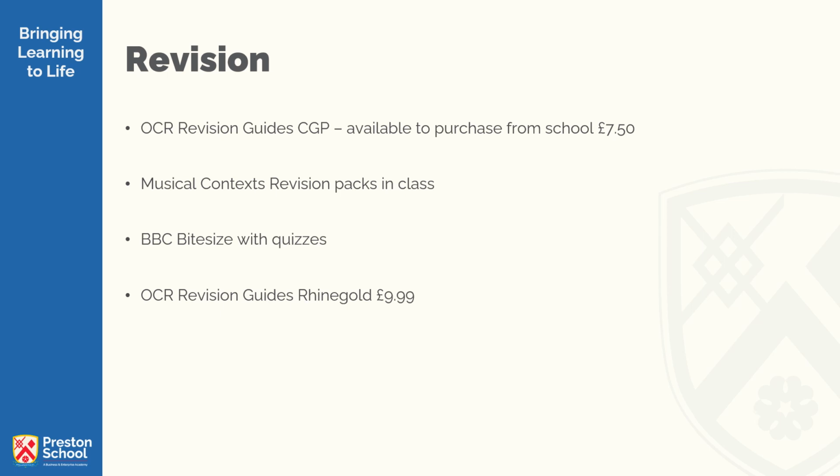They've got a purple cover and they have a disc with them. If you have one of the newer versions, it has an access code to all of the sound bites that are needed for the listening questions. That's a really good revision guide. It's got some listening questions in there as well, so you can have a go with those. You can even write into the book itself. I really do value that revision guide.